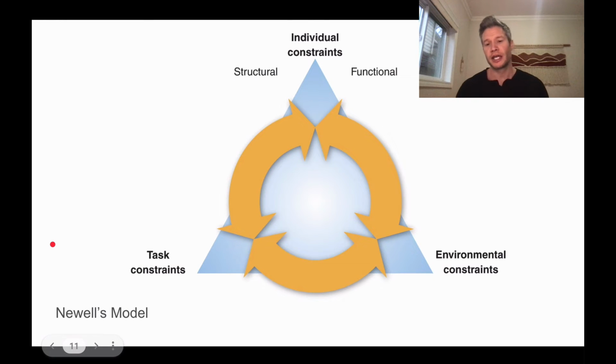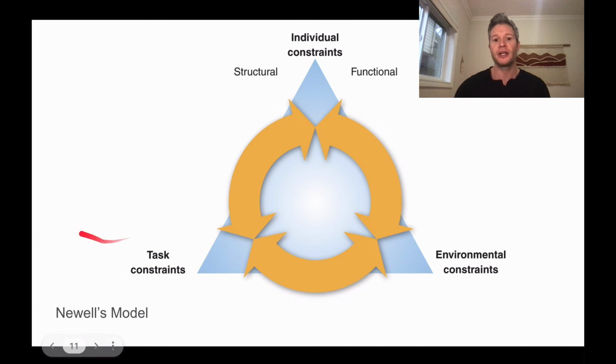So again, let's look at this piece by piece, and then we'll pull it all together again. An individual constraint is something to do with the individual, and we're going to go into more detail on each of these. It's how the person doing the moving, how their influences affect the movement. How does that afford or inhibit the capacity for movement?